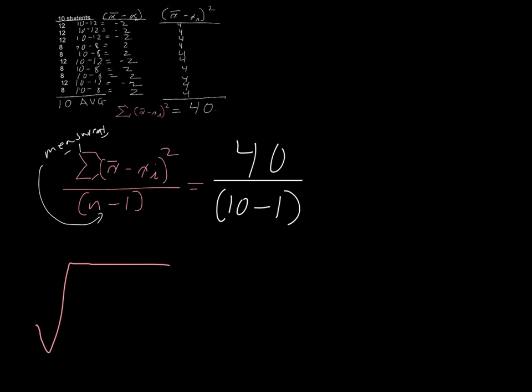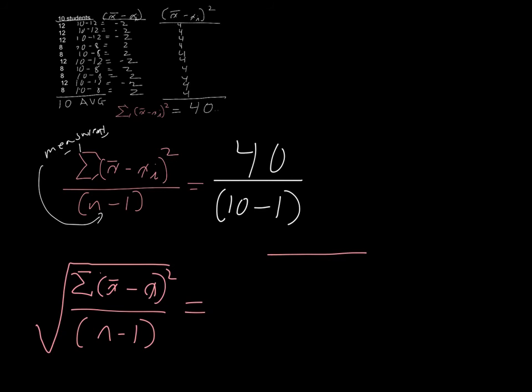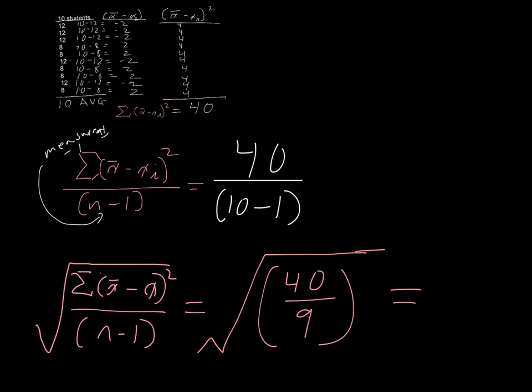So we have to undo that squaring by taking the square root. So I'm going to take the square root of the quantity 40 divided by 9. And I'm square rooting the whole thing, right?